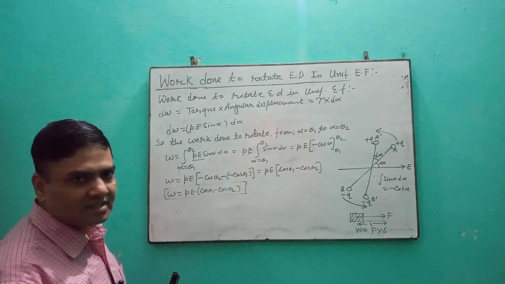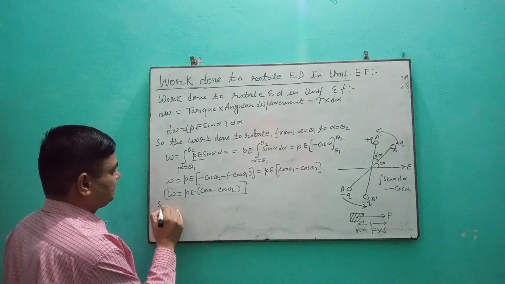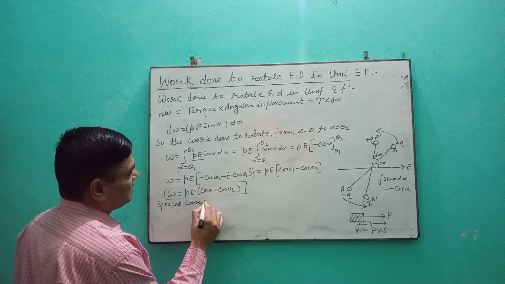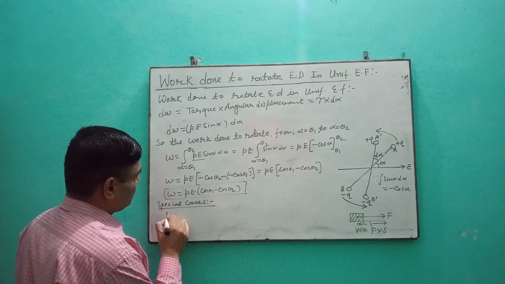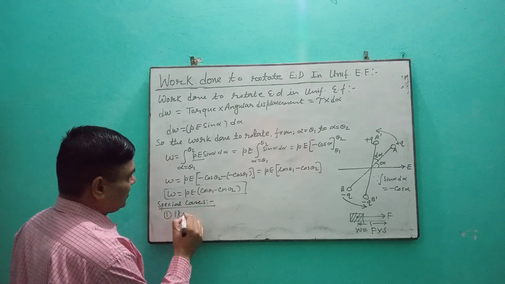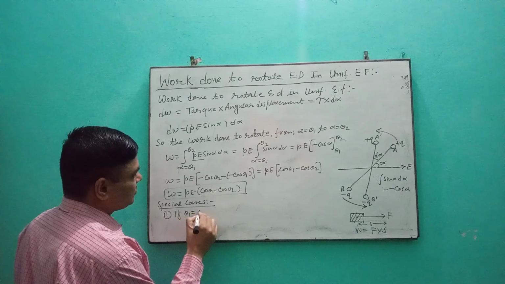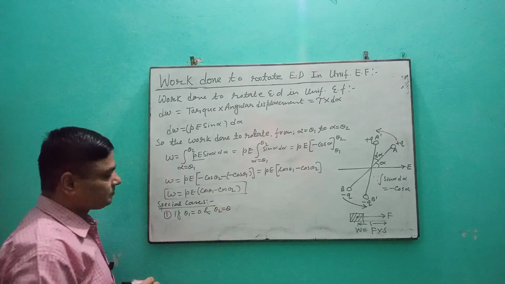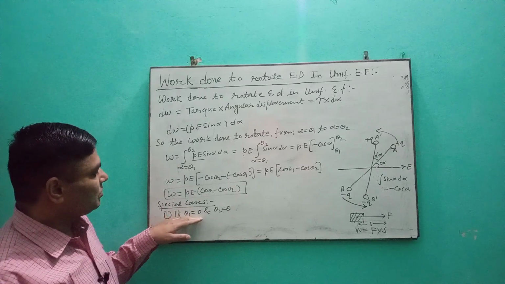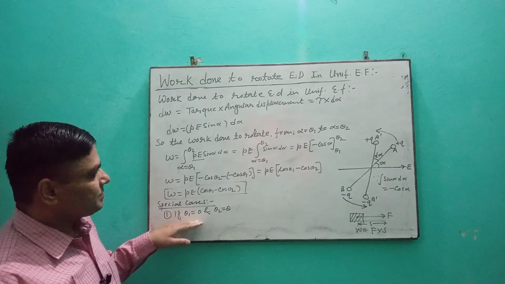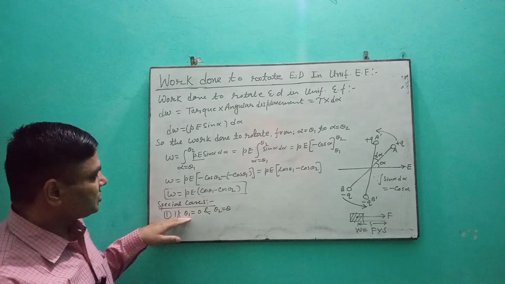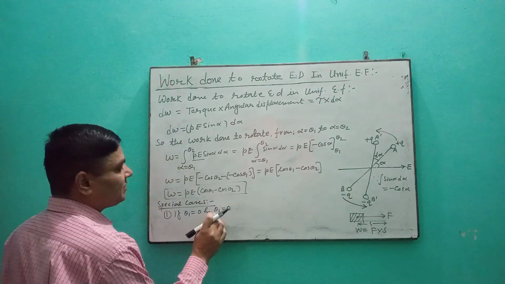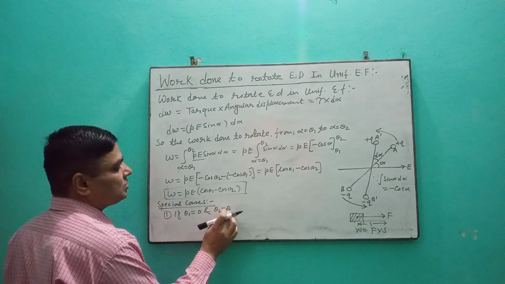Now special cases arise. Special case first. If theta 1 is equal to 0 degree and theta 2 is equal to theta, that is, our electric dipole is initially placed parallel to the electric field. This means theta 1 is equal to 0, and the final position theta 2 is equal to theta.